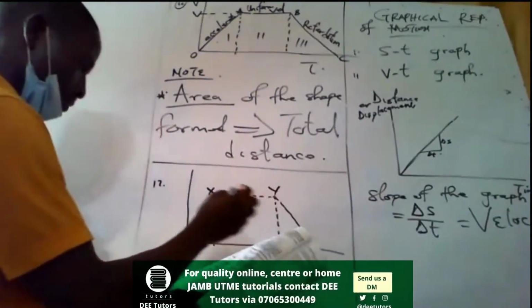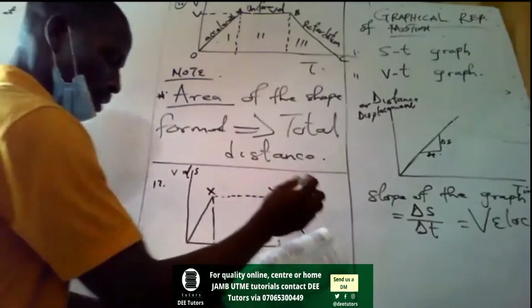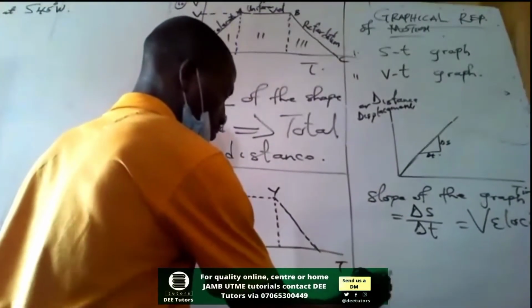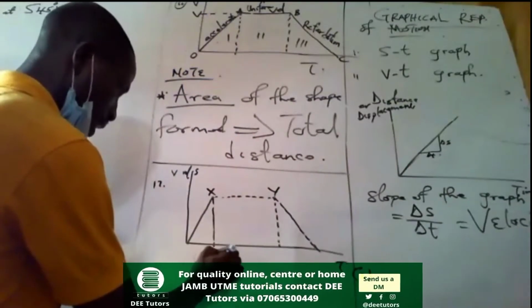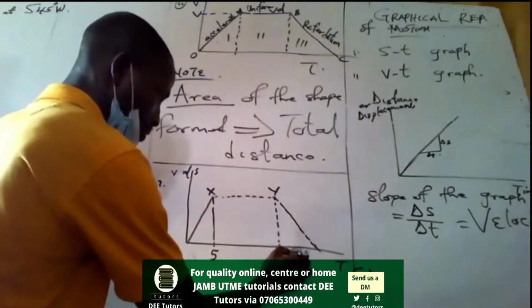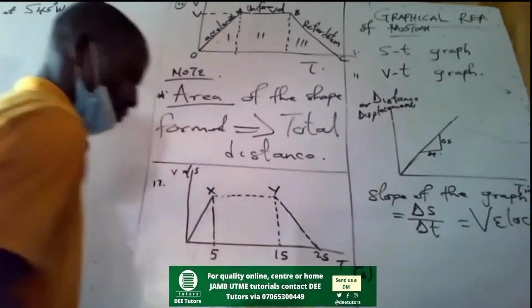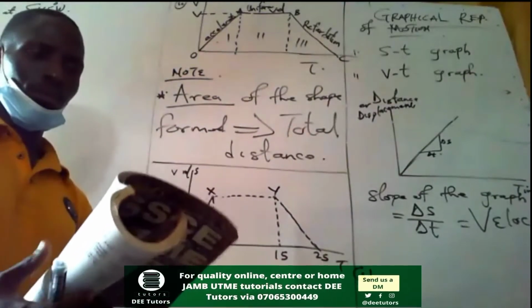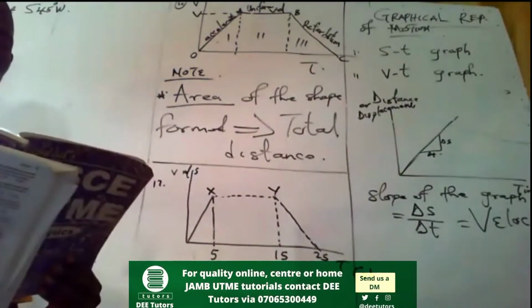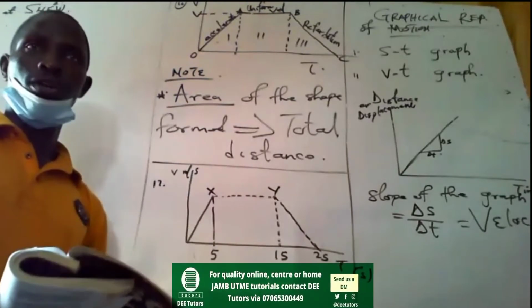So consider you have V in meters per second, then T in seconds. You have 5, 15, and 25. So take the story. The diagram above shows the velocity time graph for a moving body.